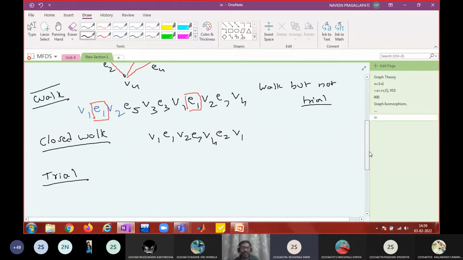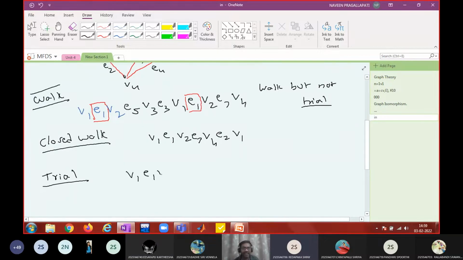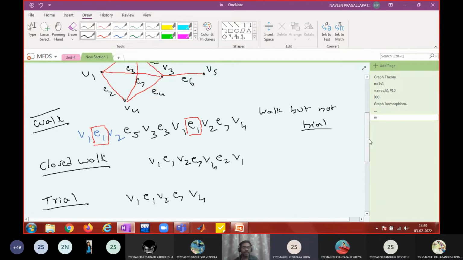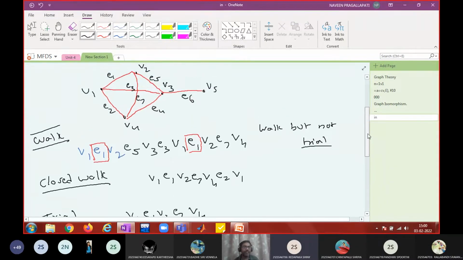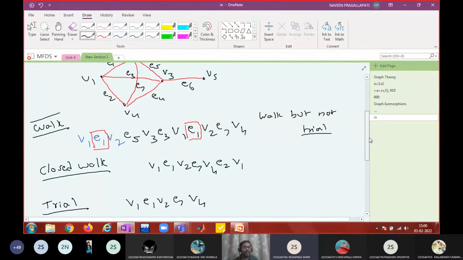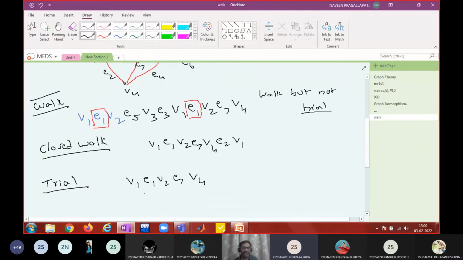And if I write V1, E1, V2, E7, V4, what about this? This is a trail because the edges are different. So this is called a trail, and this is called a closed trail.